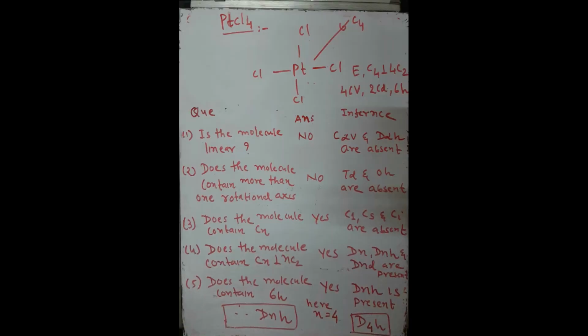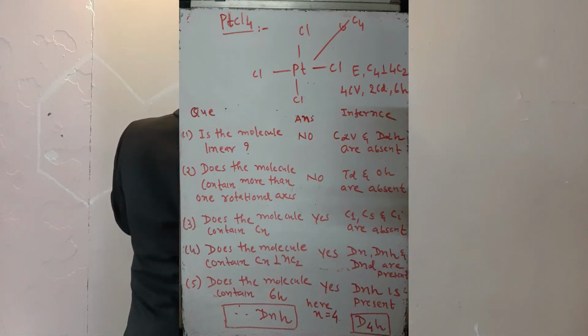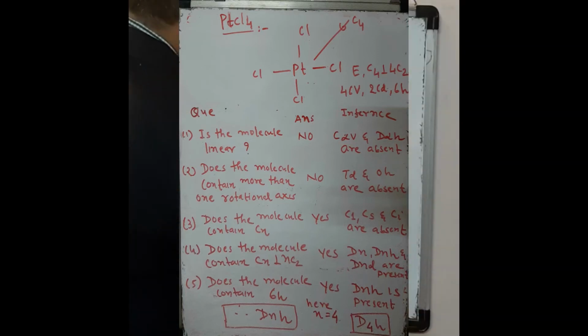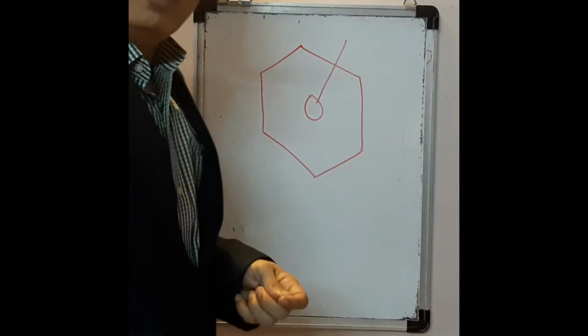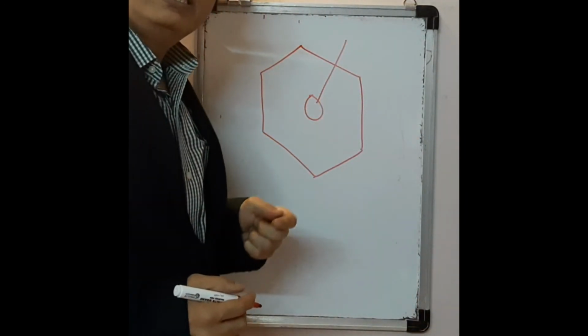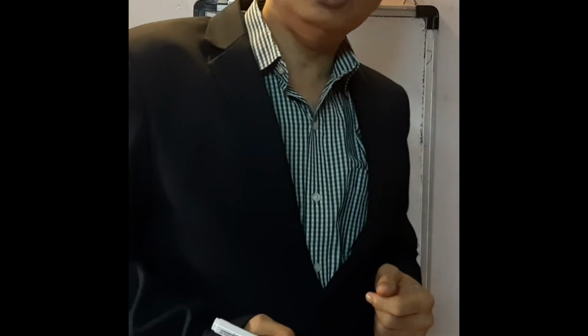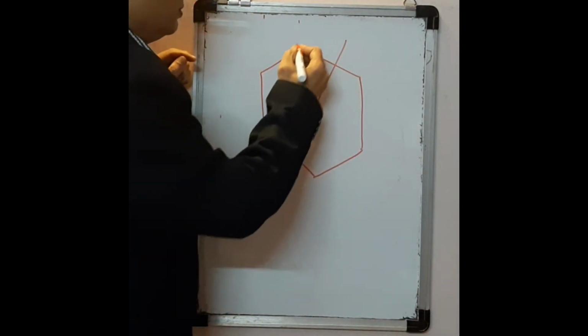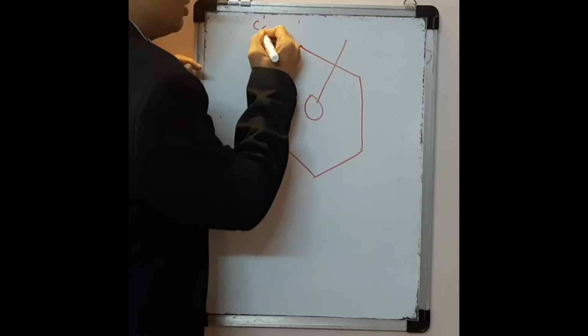Now let us find out point group of benzene. This is our benzene. Benzene is having hexagonal cyclic structure. It contains 6 carbon and 6 hydrogen atoms.